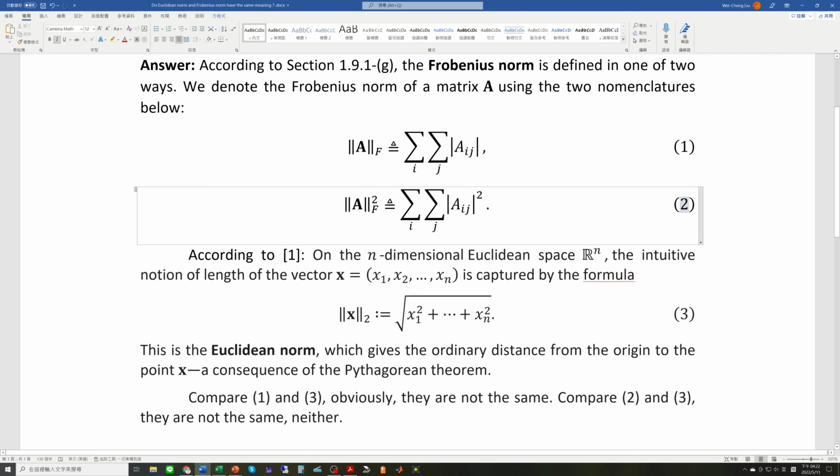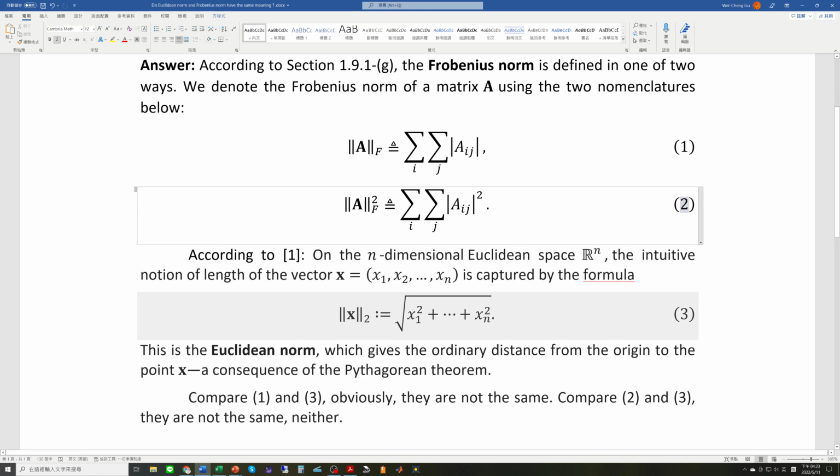On the other hand, in equation 2, the Frobenius norm is defined on a matrix A, where A can be a complex matrix. So we need the absolute value here. If A is a real matrix, then we do not need the absolute value here.